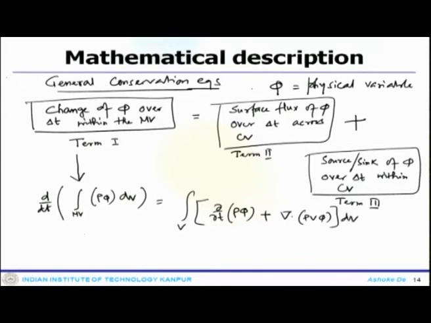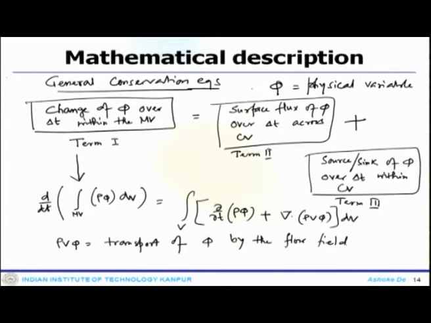And this rho V phi is the transport of phi by the flow field, or you can say the transport of the property phi due to the underlying velocity field.